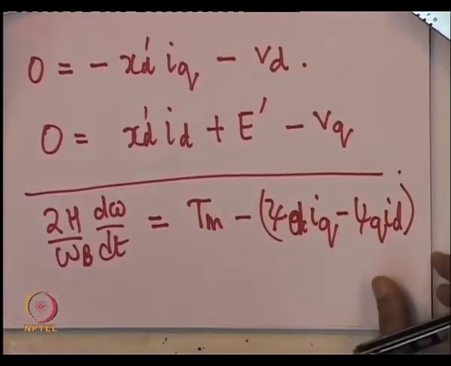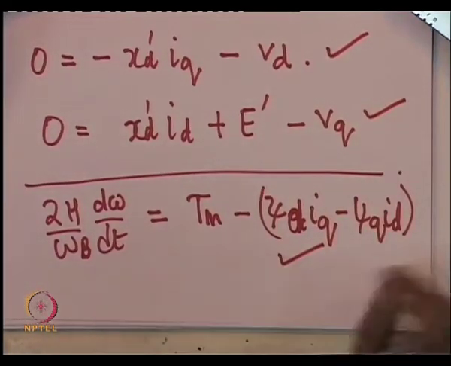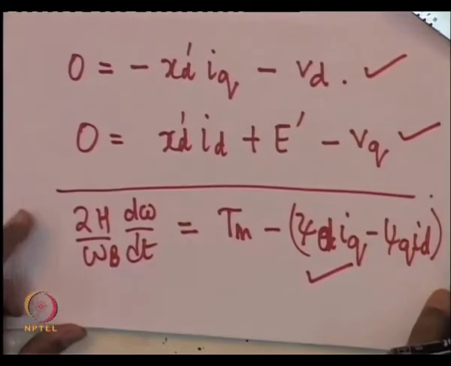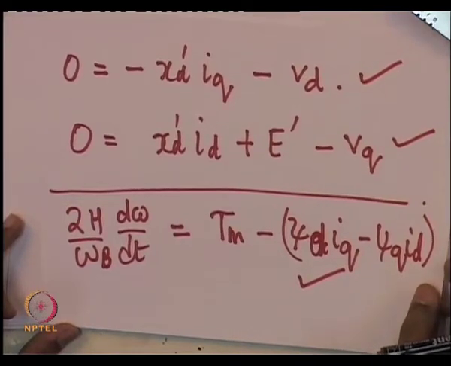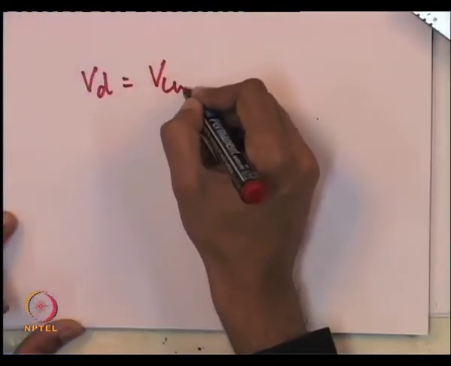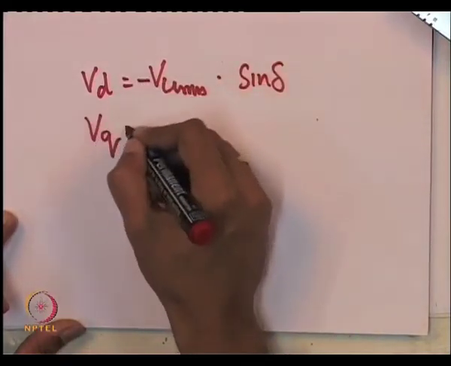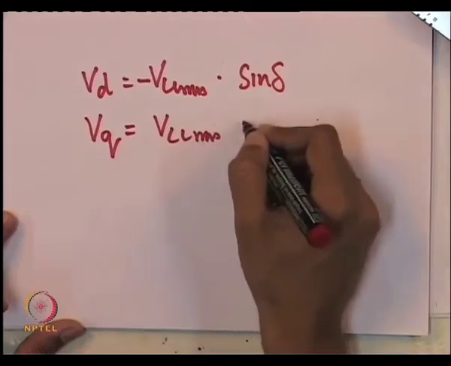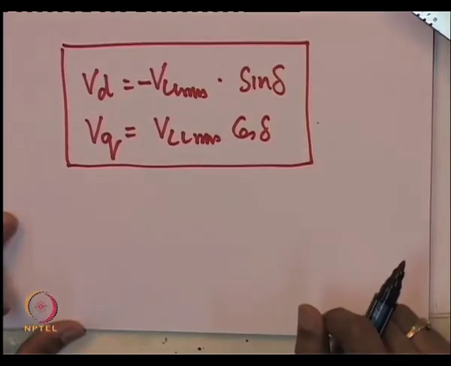Now, you have got these two algebraic equations and this differential equation. If you are talking of a synchronous machine connected to an infinite bus or a stiff voltage source, as the one which we have used for all our studies so far, then V d is equal to V line to line RMS of that source into sine delta minus of it. This is the source whose characteristics I have discussed in the previous lectures.